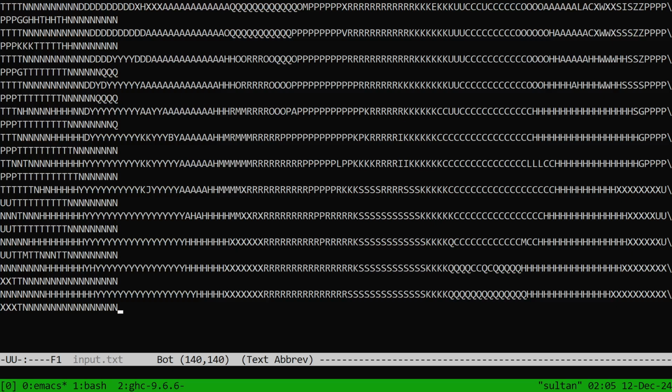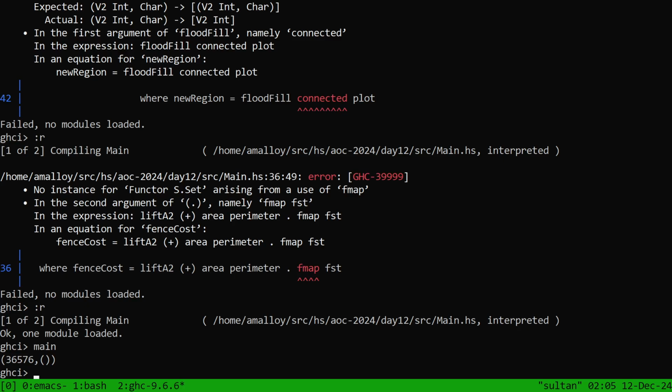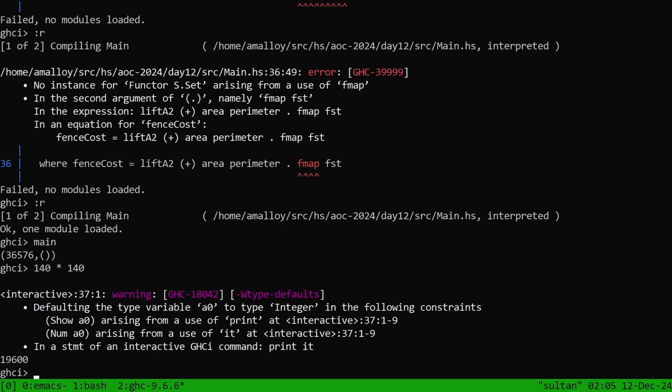So we know that the area of that is what? 14 times 14 is... Is it 196? And then times 100? It's like 19,600, is that right? Guess.